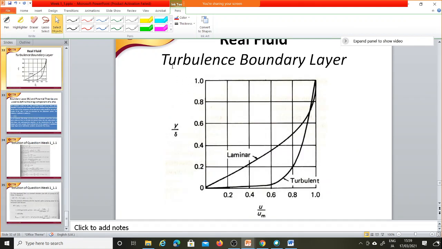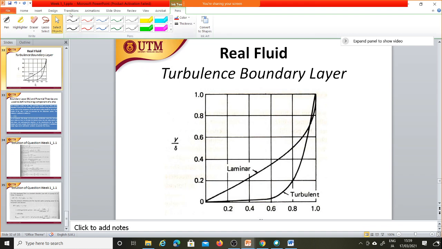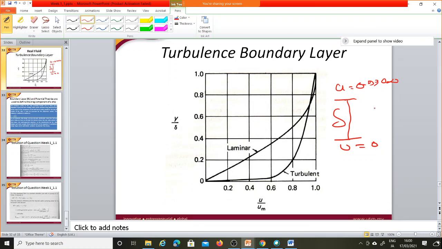This is the plot of the boundary layer of a real fluid. Here y by delta, where delta means the boundary layer thickness. At y equal to delta, u is 0.99 u infinity, and at the wall u is 0. So how does u change to attain 0.99 of the free stream velocity?